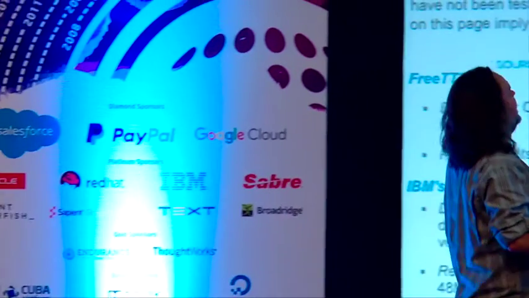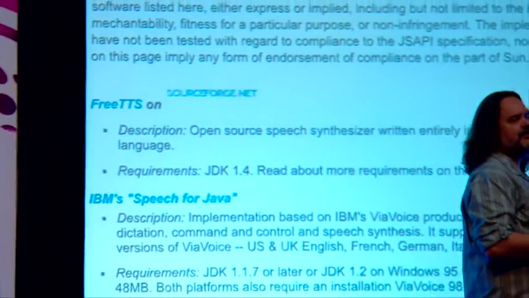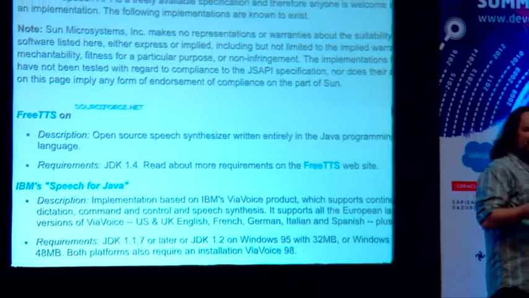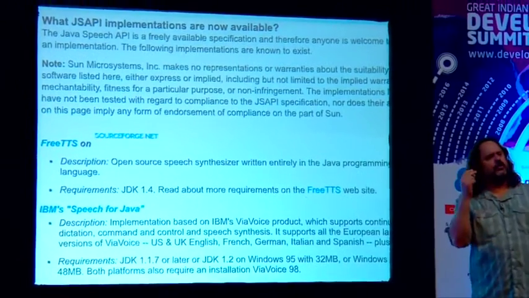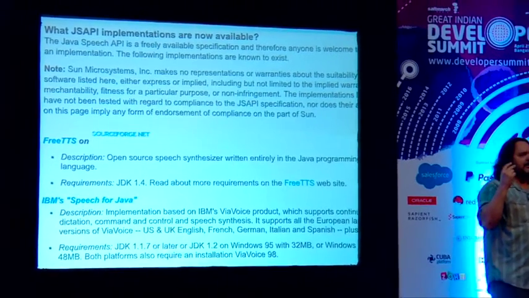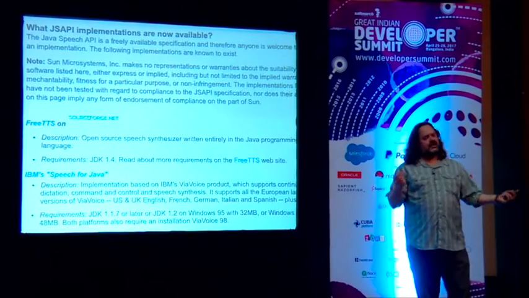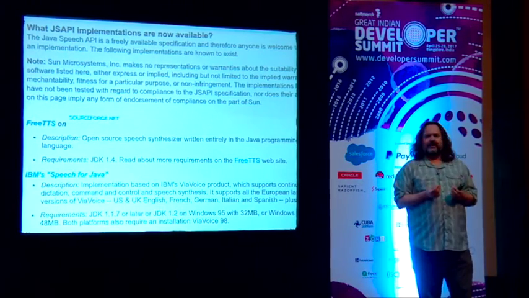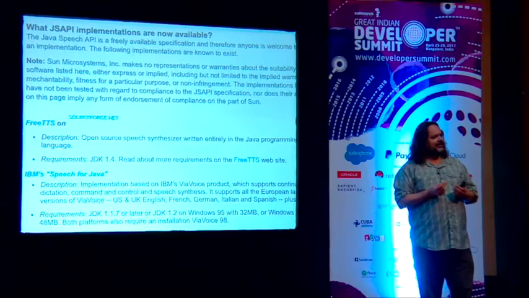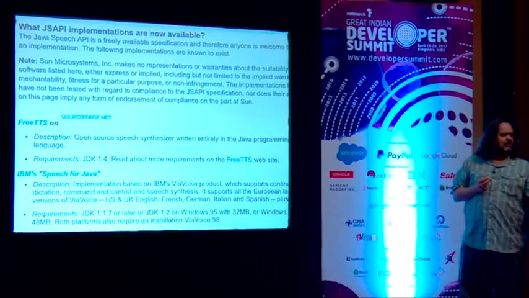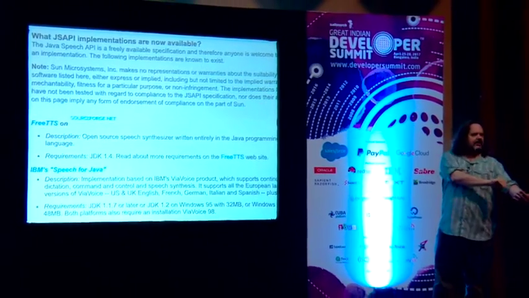When we go on and start reading about the implementations, it's a little bit odd because you don't go to the MySQL website and download JDBC along with the MySQL driver. JDBC is shipped with the JDK. You just plug in the driver.